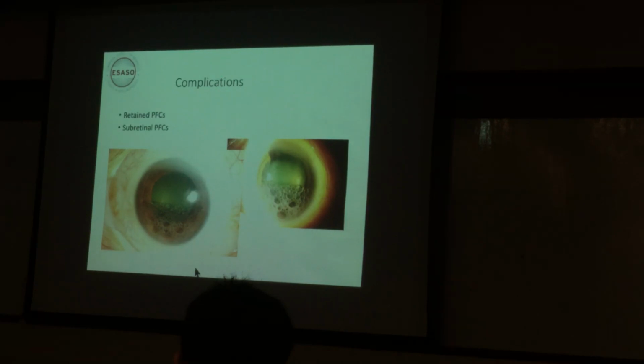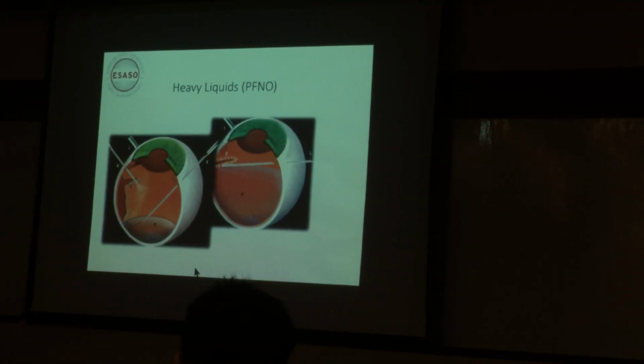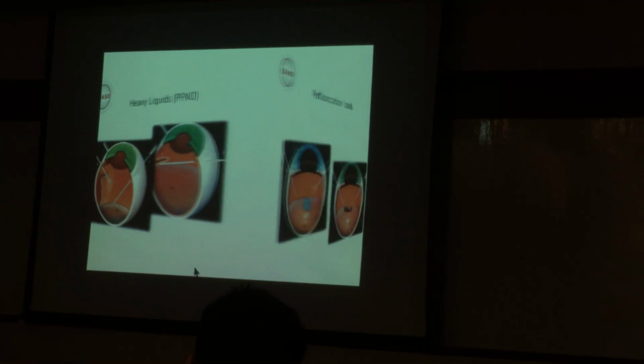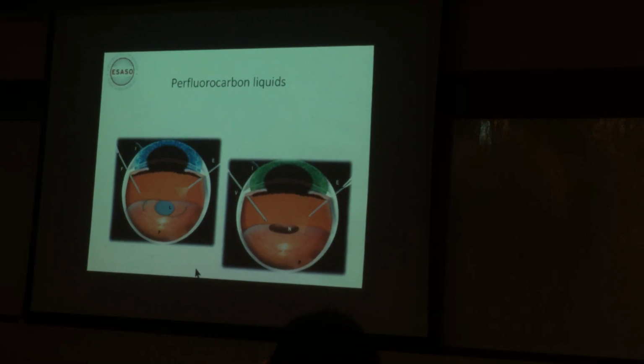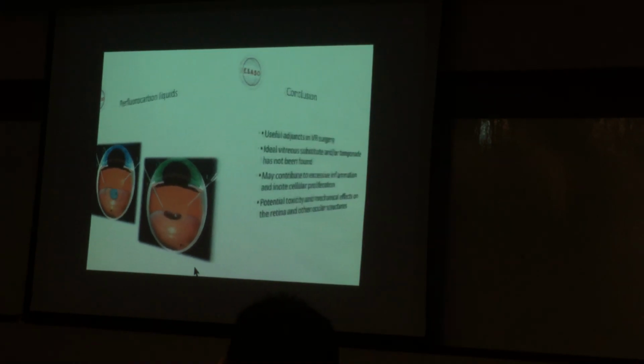But there are complications if you don't use it properly. You can have retained perfluorocarbon liquids as well as subretinal perfluorocarbon liquids. So you need to be familiar with how to use it and how to remove it from the eye completely, because if you leave it in the eye, it has actually been shown to be toxic to the photoreceptors. So this is the principle where you use it to treat retinal detachments, and some people use it to help in retrieving intraocular lenses or intraocular lens implants during vitrectomy.